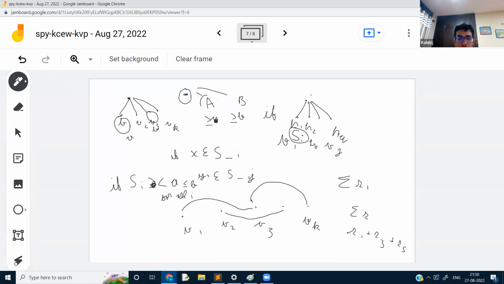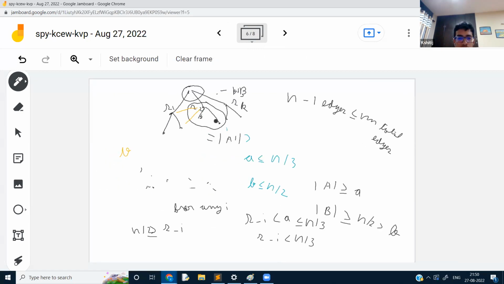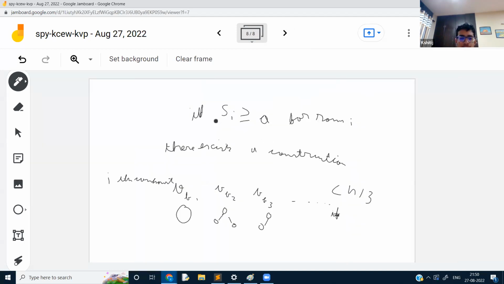That if any of these subtrees is at least A, we can assign this to A and the rest to B. This was done over here. This to A and this to B. Now, since the smaller Si is less than A, is less than n by 3, this means the individual subtree sizes are less than n by 3. The connected subtrees' size is at least A.